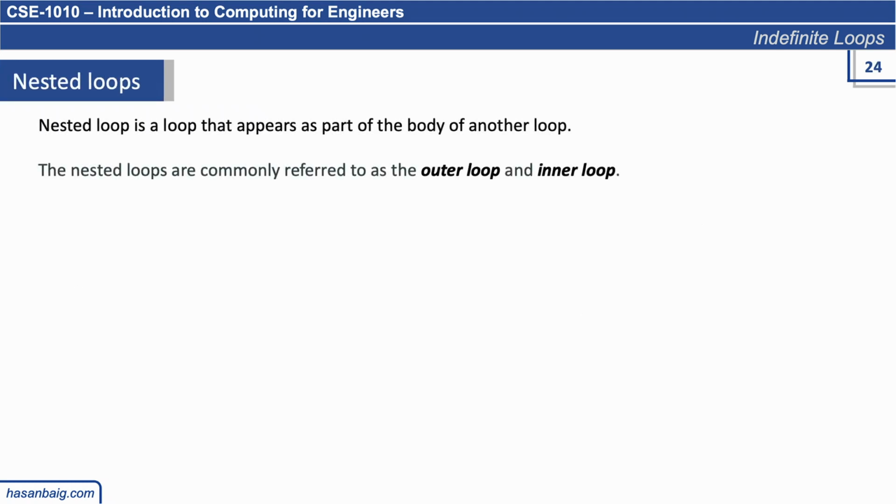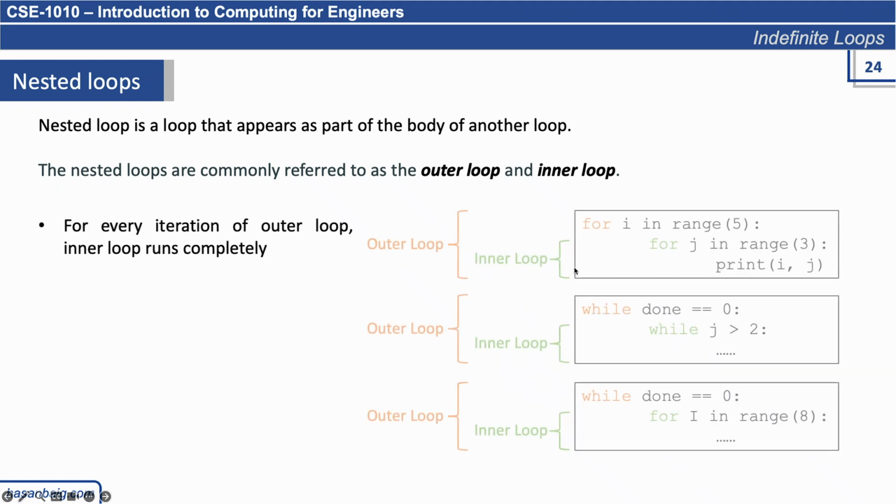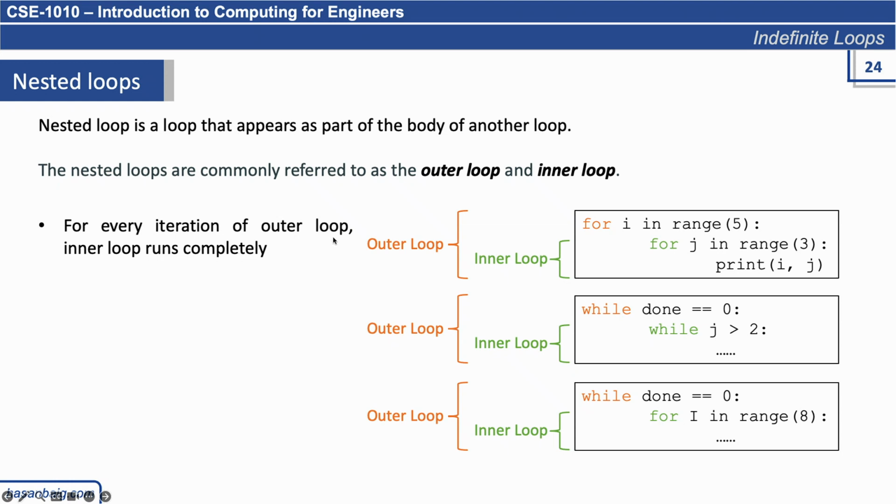Nested loops, we have already seen nested loops. They are commonly referred to as an outer loop and inner loop. For every iteration of the outer loop, the inner loop runs completely. Means for i in range 5, for example, how many times will this outer loop be running? 5 times.